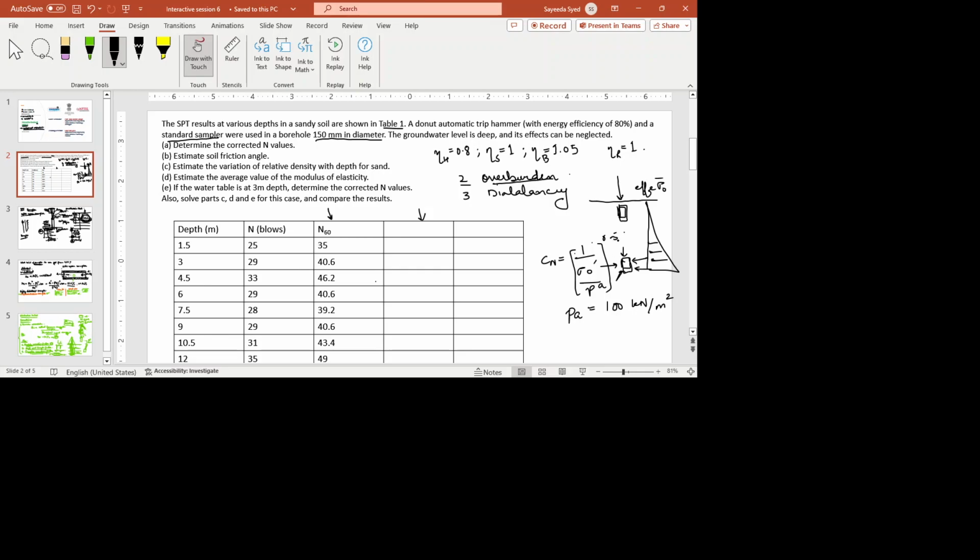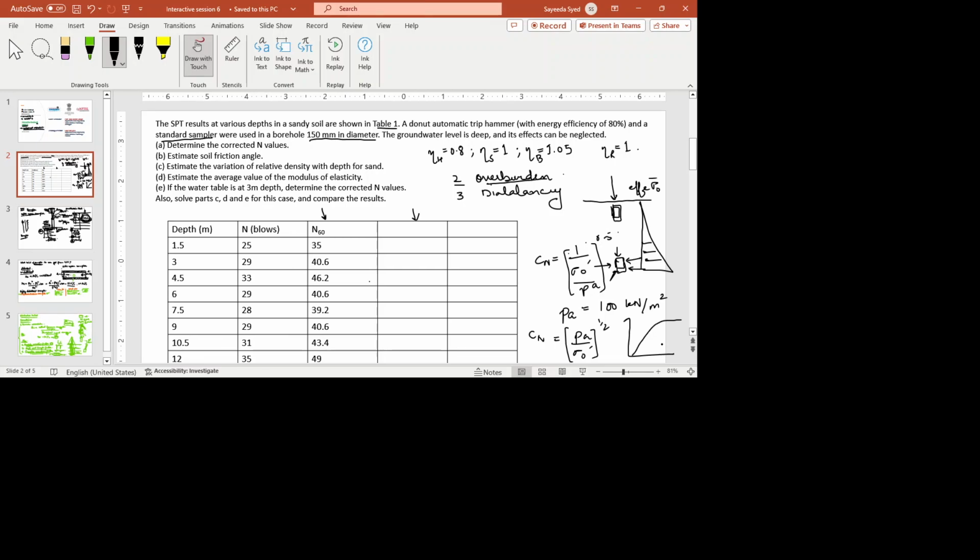So basically Cn is equivalent to Pa by sigma naught dash raised to power 1 by 2, where Pa is 100, and you will get a graph of this correlation of this form in the code also.